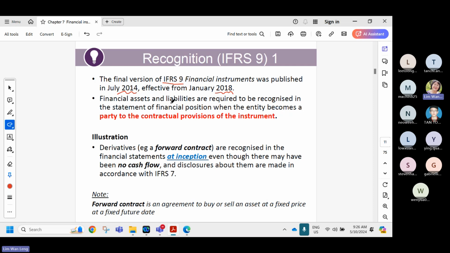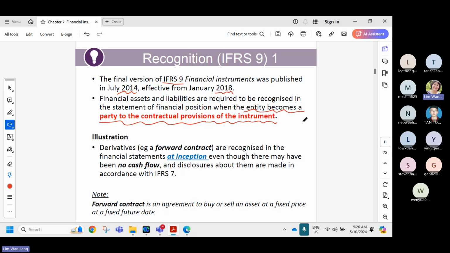So with respect to financial assets and financial liabilities, at which point in time should you recognize them in the SOFP? Because remember, one of the objectives of the financial instrument standard is to ensure that all the transactions get reflected in the books. So when you want to record the financial liabilities and financial assets in the SOFP, it is when the entity becomes a party to the contractual provisions of the instrument.